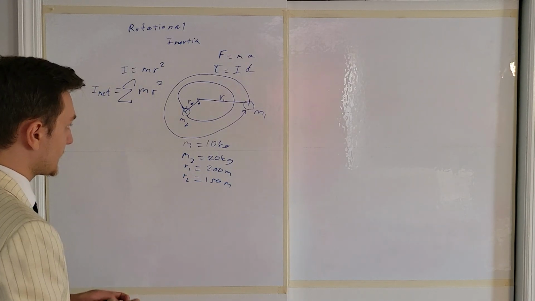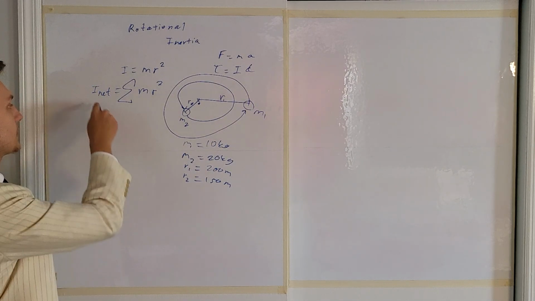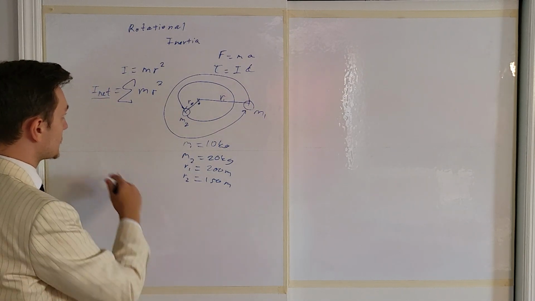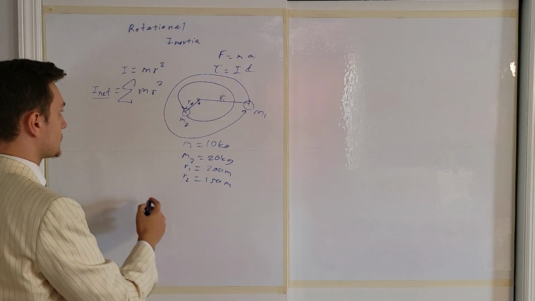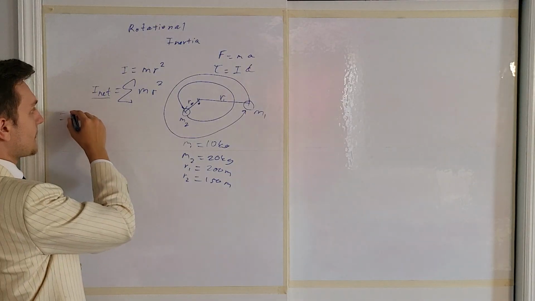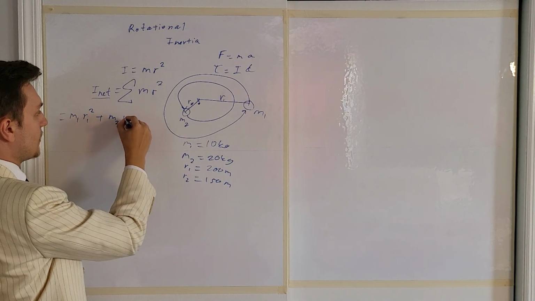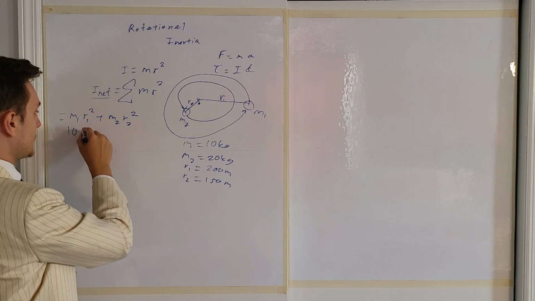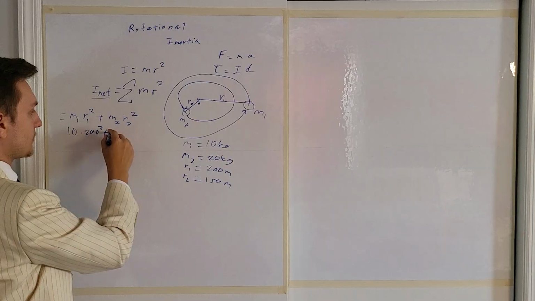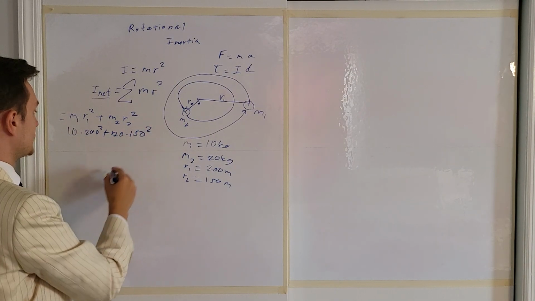So let's calculate the rotational inertia of the whole system, I net. I'm summing up all of the participants, all of the planets. So this is M1 R1 squared plus M2 R2 squared, and we're going to do 10 times 200 squared plus 20 times 150 squared.